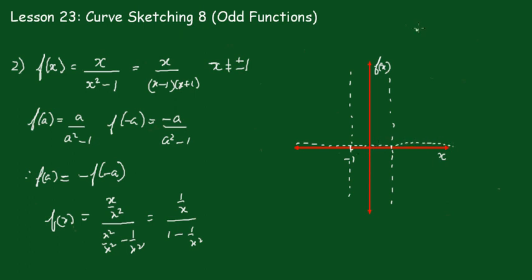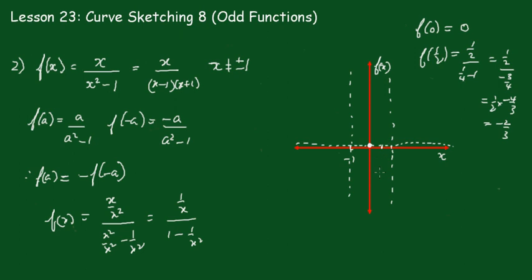Now, putting in x equals 0, we get f(0) equals 0 on minus 1 is 0. Select another point, say a half, and we put in a half, and we get 1/2 over a half squared, which is a quarter, minus 1, which is minus 3/4, which is a half times minus 4 on 3, which is minus 2/3.